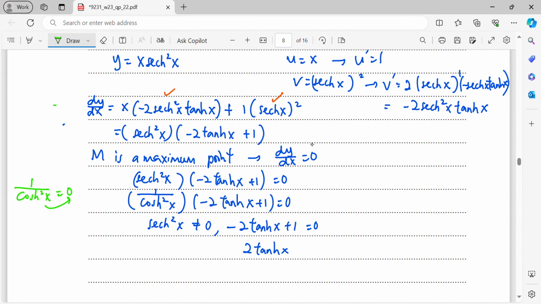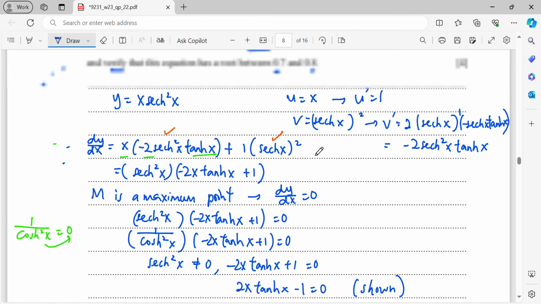You see here, I still have x, right? So here should have x. So shown.